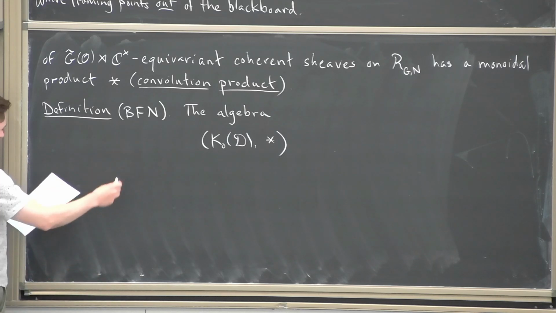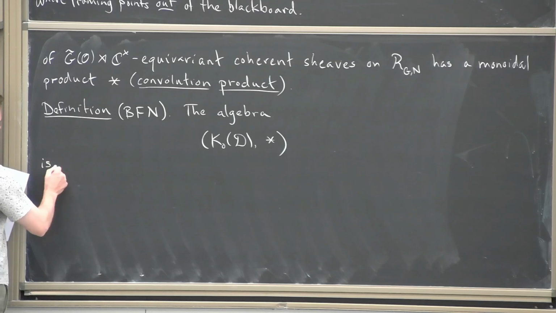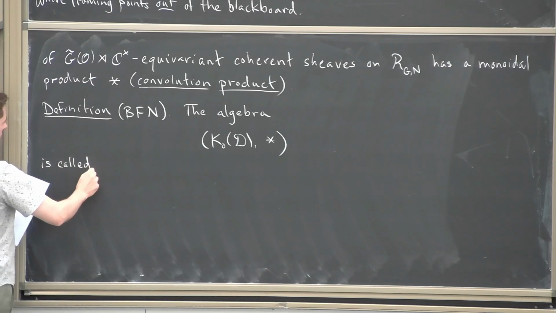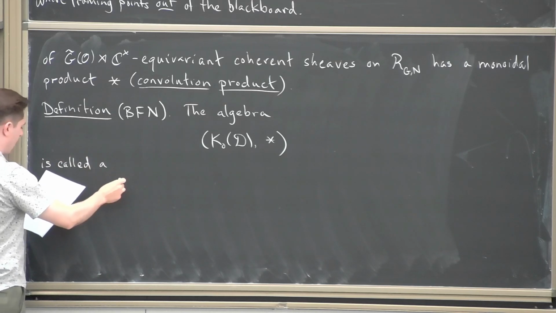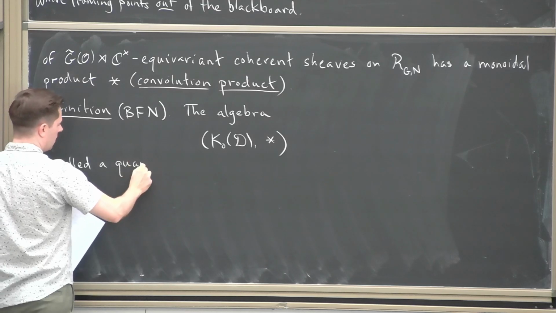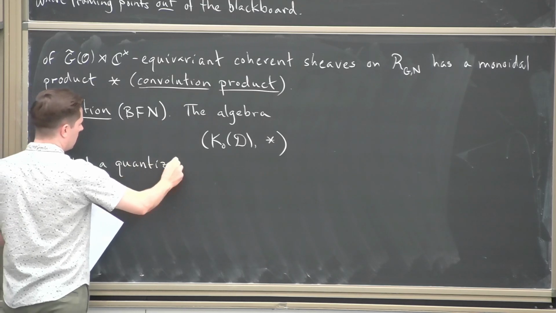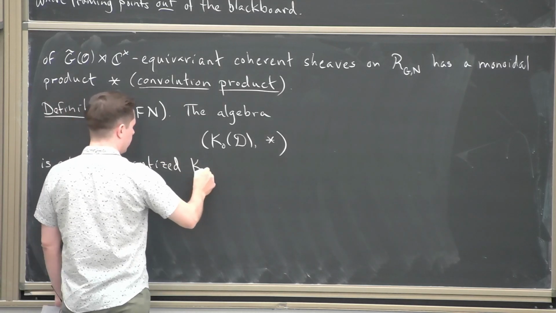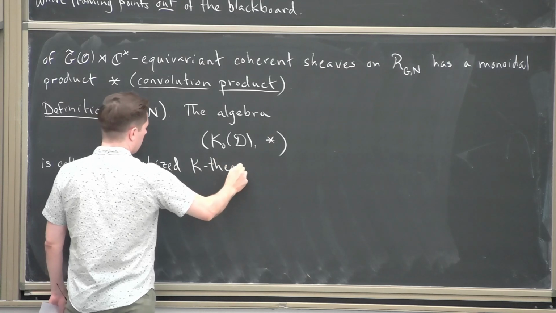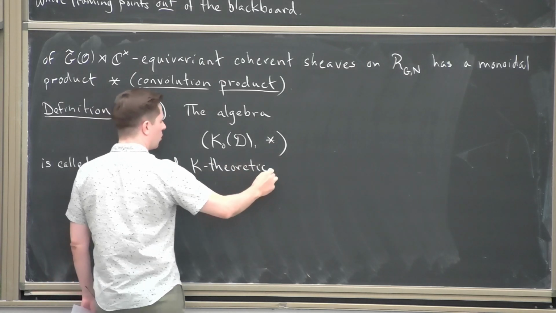And this algebra is called a quantized K-theoretic Coulomb branch.